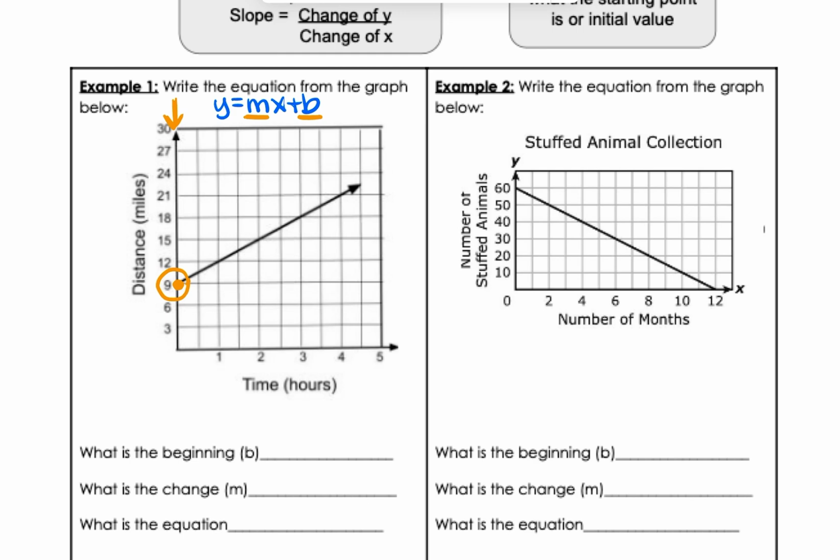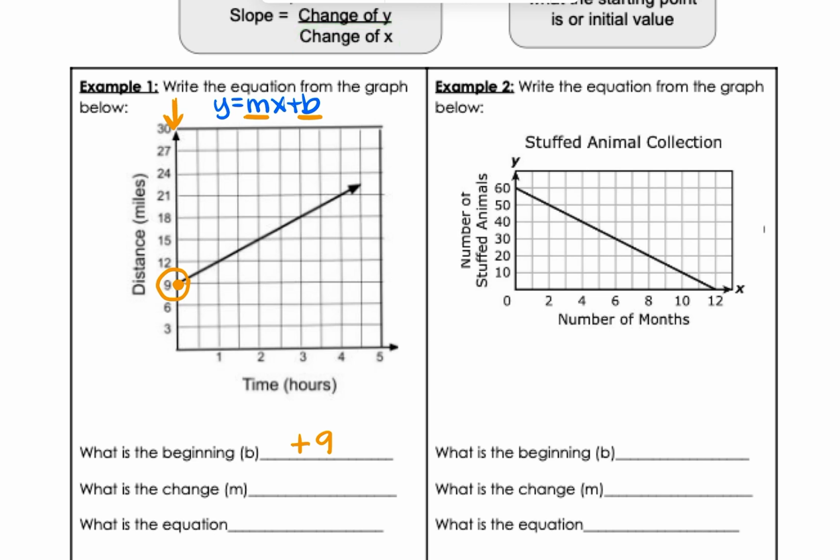So where did we begin? We began at positive 9. And then it says, what is the change? And change is m. Remember, that's going to be our change in y value over the change in x value. Well, we need to pick another point on our graph.